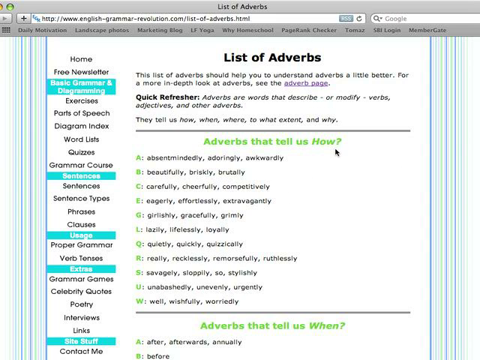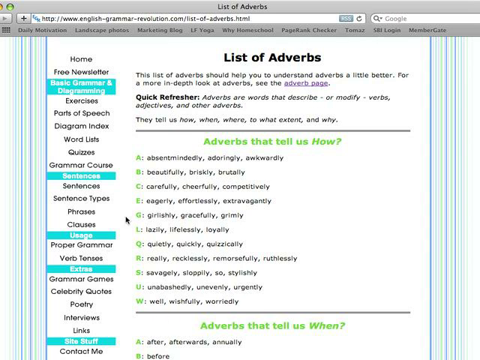So, first, let's look over some adverbs that tell us how. How adverbs typically end in ly. They're probably the easiest to spot. Here are some examples of adverbs that tell us how: absent-mindedly, briskly, cheerfully, extravagantly, gracefully.